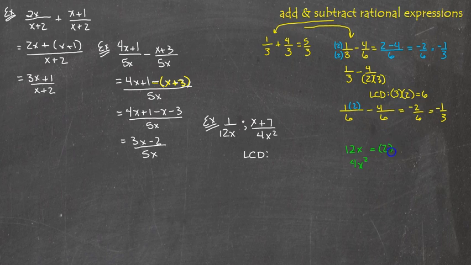12 divides by 2, leaving 6, which divides by 2, leaving 3, and 3 is prime, and then I have 1 x. For 4, it divides by 2, leaving 2, 2 is prime, and then I have 2 x's. And so the process we want to undertake is to remove any duplicates.